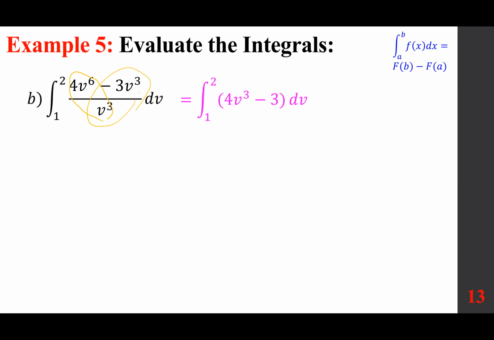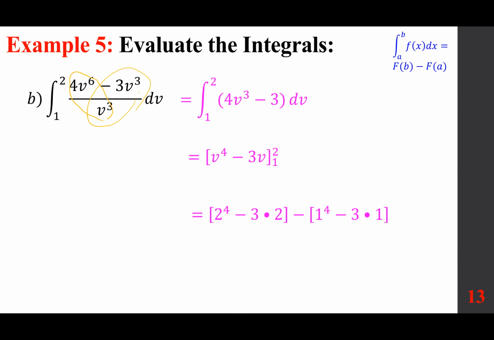Clearly, 4v cubed gives you 4 over 4 v to the power of 4, meaning v to the power of 4, minus 3v from 1 to 2. And pay attention to the variable. Don't change the variable, otherwise it will be wrong. So that's the answer. Now let's plug in the upper limit 2 first, minus the lower limit 1 second.